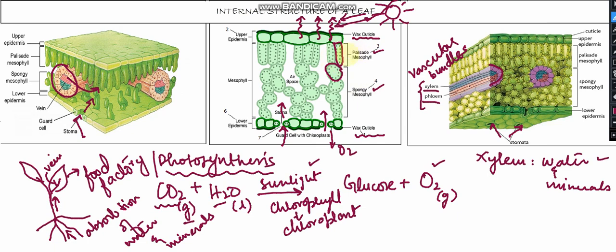There is one very basic difference between them, that palisade has a lot of chloroplast, and a lot of chloroplast means lots of chlorophyll, and you know chlorophyll is there to absorb sunlight. So a large number of chloroplasts are present to absorb maximum sunlight in the exposure of the sun, so that the sunlight can be absorbed to form their food, glucose and oxygen gas, which is the byproduct.